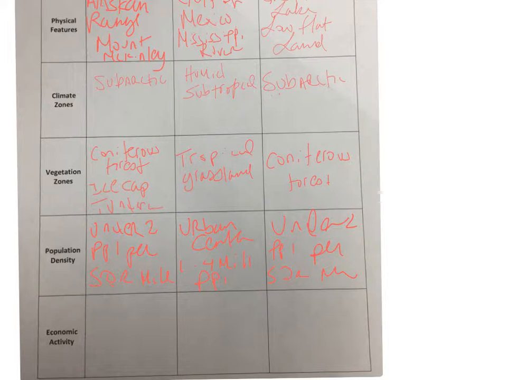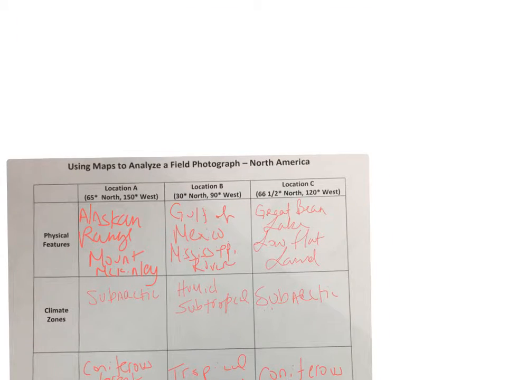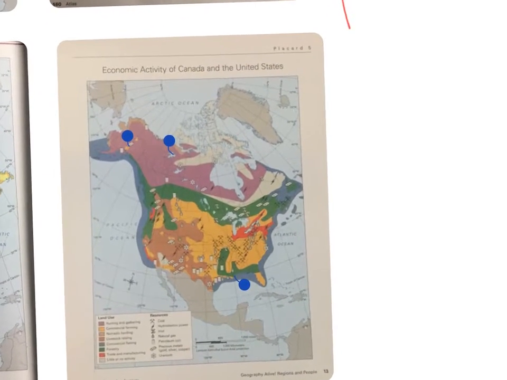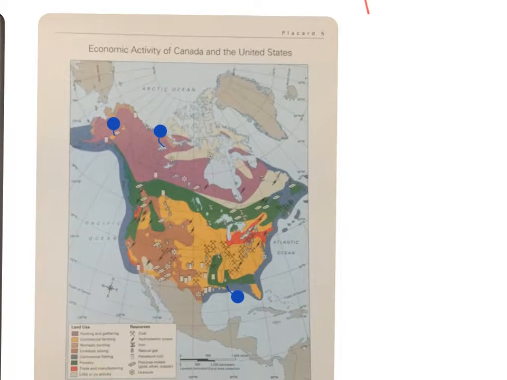All right, last map we have to find information from is our economic activity. So I'm going to go to my economic activity map. And again, I want you to notice how I put the circles with the lines so that you could see what's in and around these areas. I wanted to make sure that I didn't cover that up with my dots. So if I look at location A, location B, and location C, location A is in the middle of that purple, which as I look down here, I see that means that it's hunting and gathering.